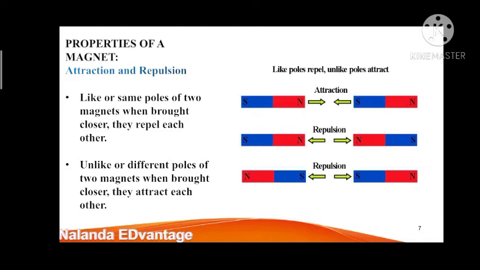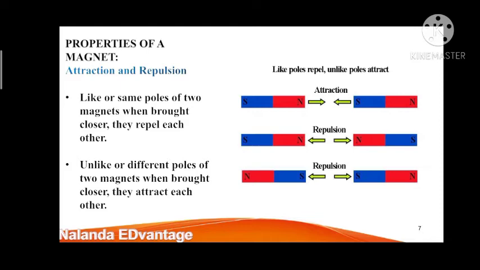Whereas if you bring two unlike poles together, a north pole and a south pole, they attract each other. So as a rule of thumb, remember this property: like poles repel and unlike poles attract each other.